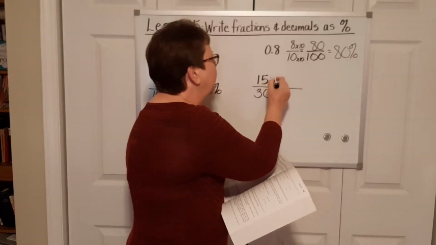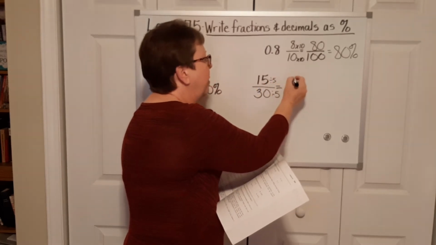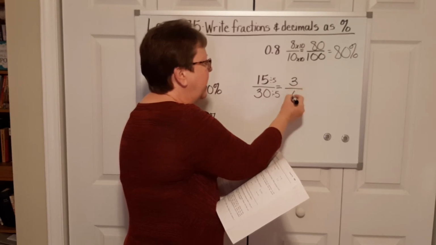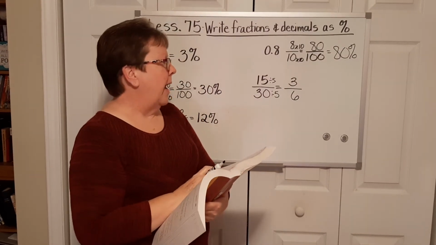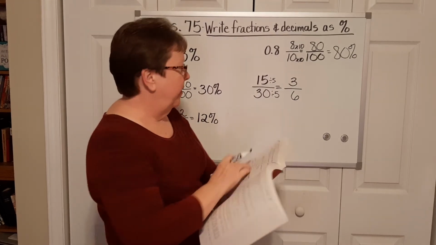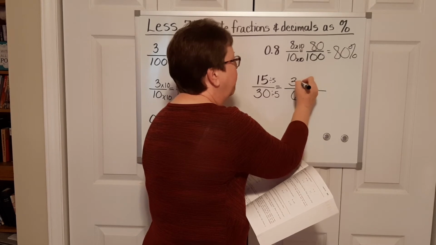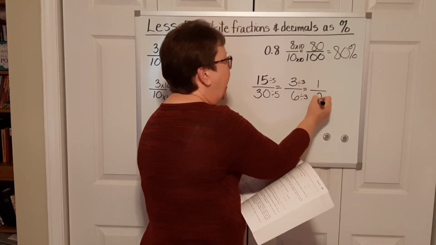And I'm going to divide them by 5. 15 divided by 5 is 3. 30 divided by 5 is 6. Okay, I use divisibility rules. So now I can reduce it again. This time I would divide them by 3. So that would equal 1/2.